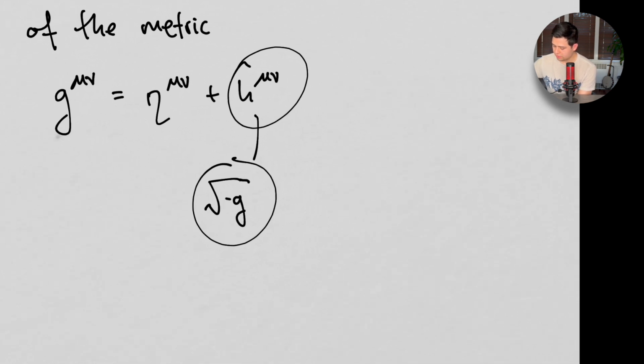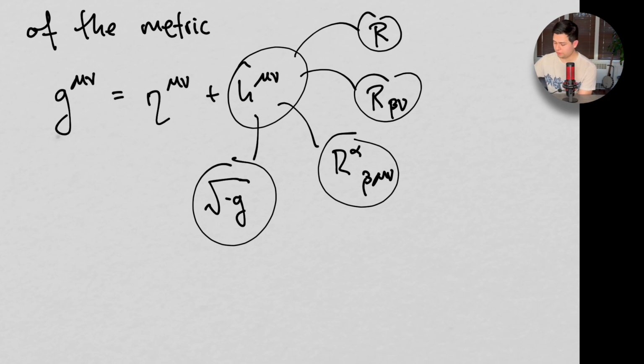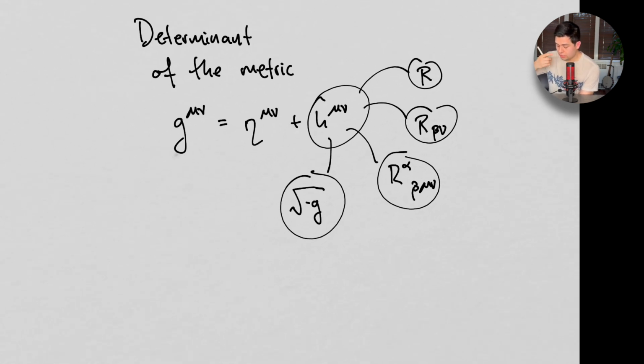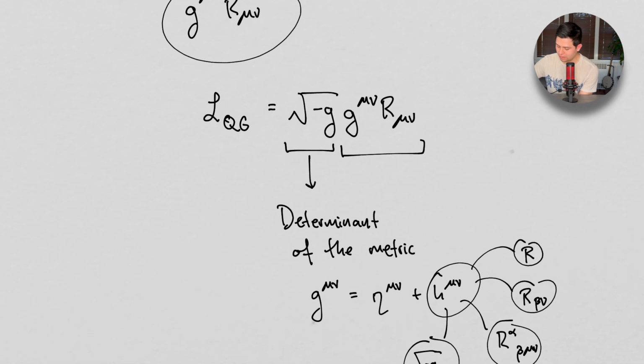Because we've found now R alpha beta mu nu, R beta nu, and R, all in terms of that, okay? It's a lot, but we're going to be happy with ourselves when we get all the equations down so that we can really just plug things in and find out that the quantum gravity Lagrangian is going to give birth to gravitons.